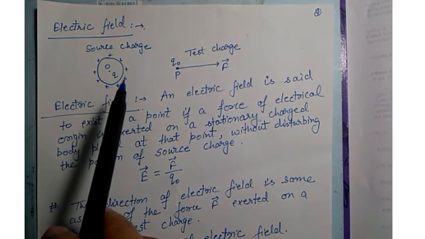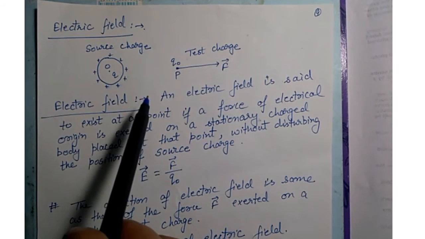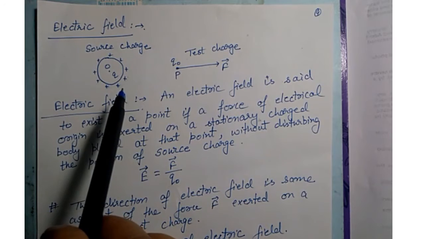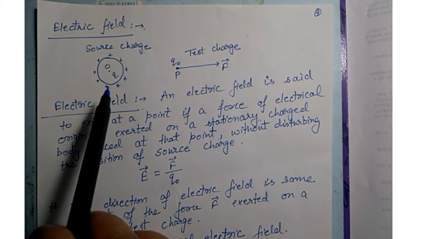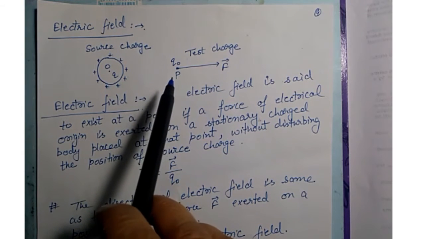Similarly, for a given charge, the electric field is the area or periphery around that charge where the influence of a given charge can be experienced by another charge.